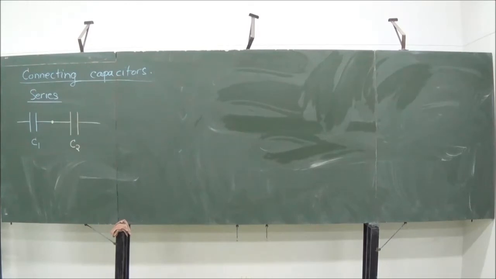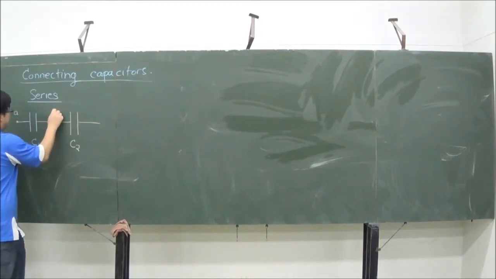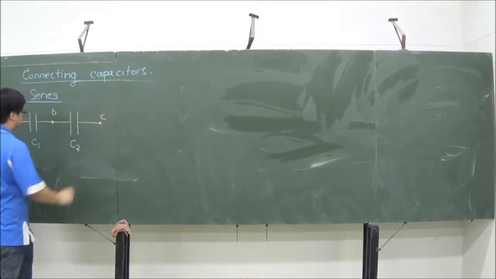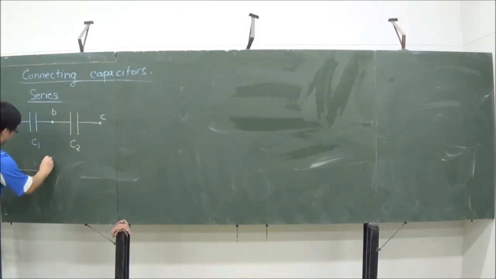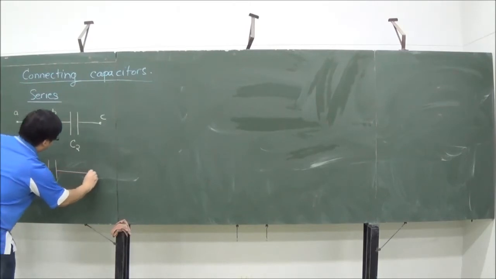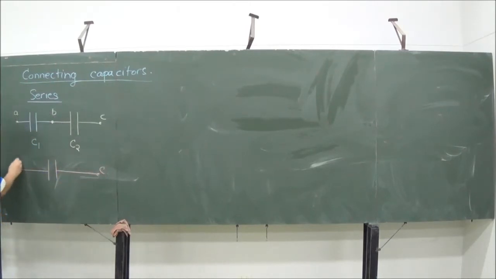So this is point A, point B, and here is point C. What we want to know is, if we are going to replace these two capacitors by just one between point A and point C, what capacitor shall we use?